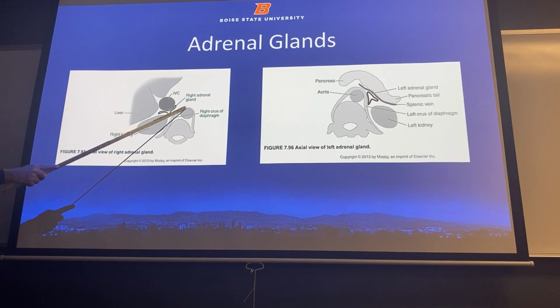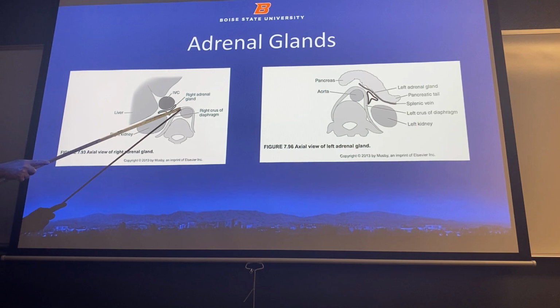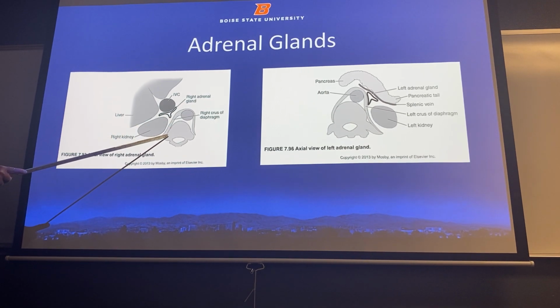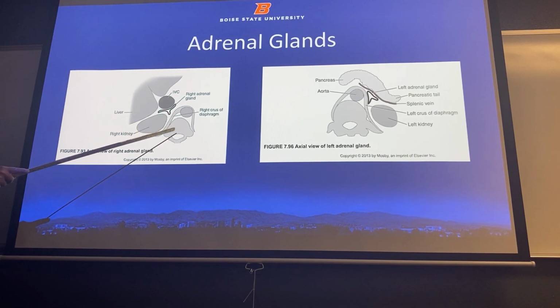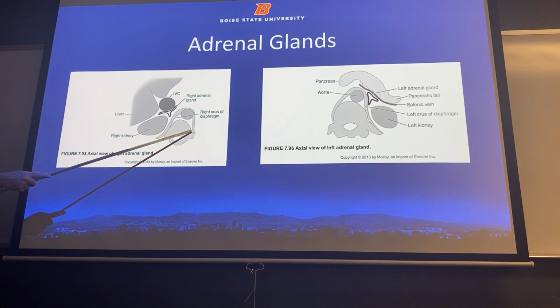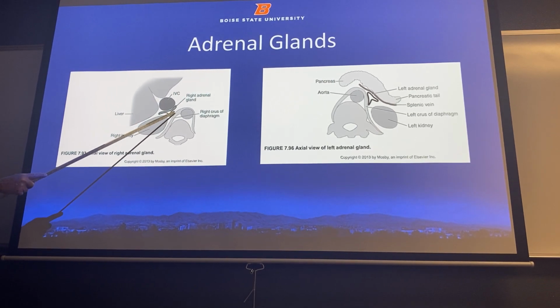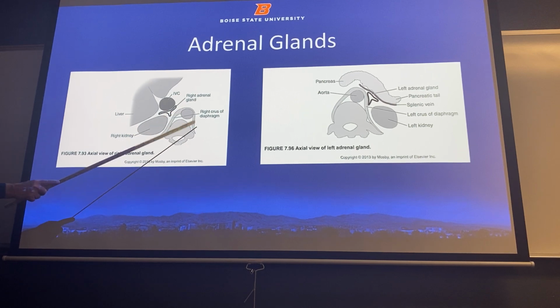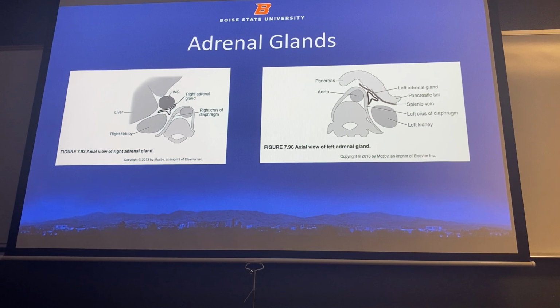They look continuous, and to a certain degree they are, but what you have is a right and left crus, and they attach to different portions of the diaphragm along the inferior wall, and then eventually right around L2 they insert into the vertebrae, and after they disappear, the psoas muscles will appear. So these guys over here are going to be anchored down. You'll see them kind of wrapping around the abdominal aorta.